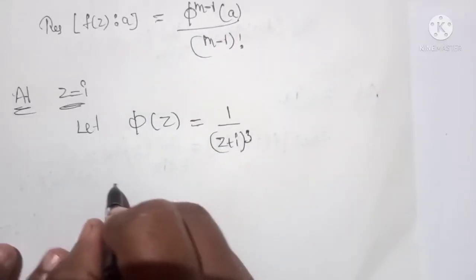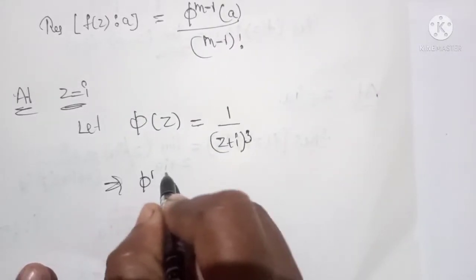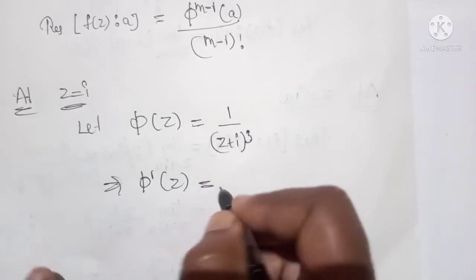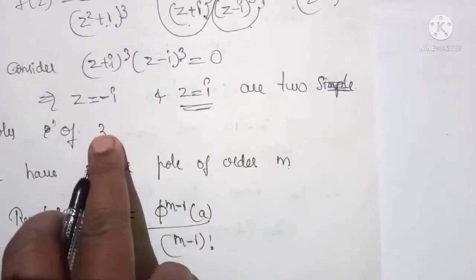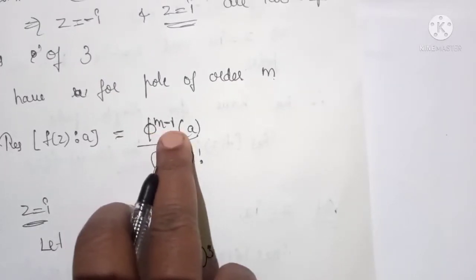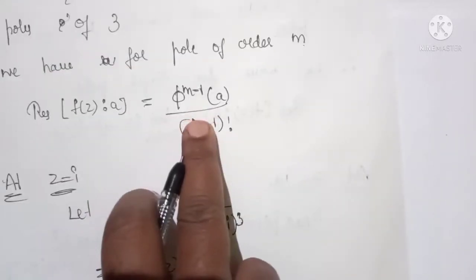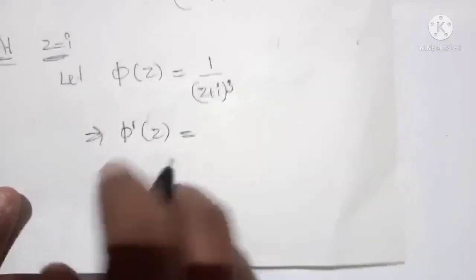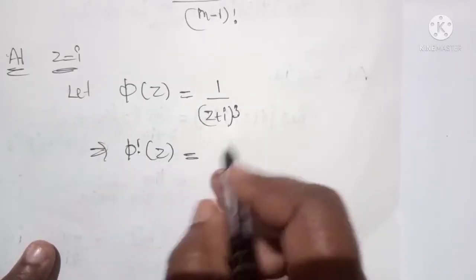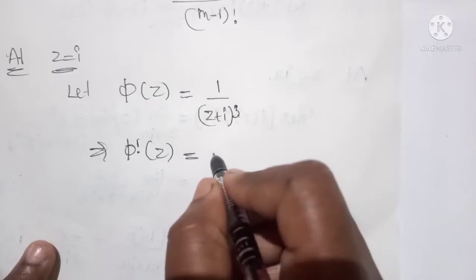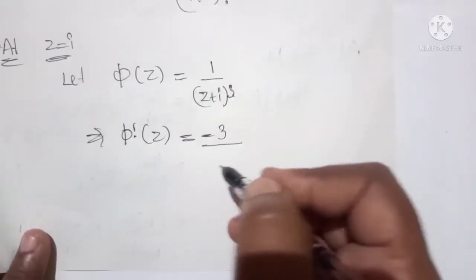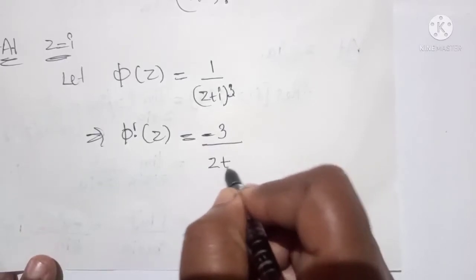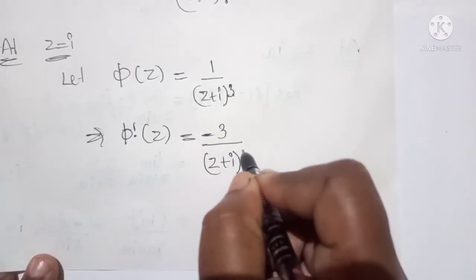Okay, so differentiating this to get phi dash of z: because here m minus 1, and it is of order 3, so 3 minus 1 equals 2. So we need to differentiate twice. First we differentiate once: phi dash of z equals minus 3 divided by (z plus i) power 4.